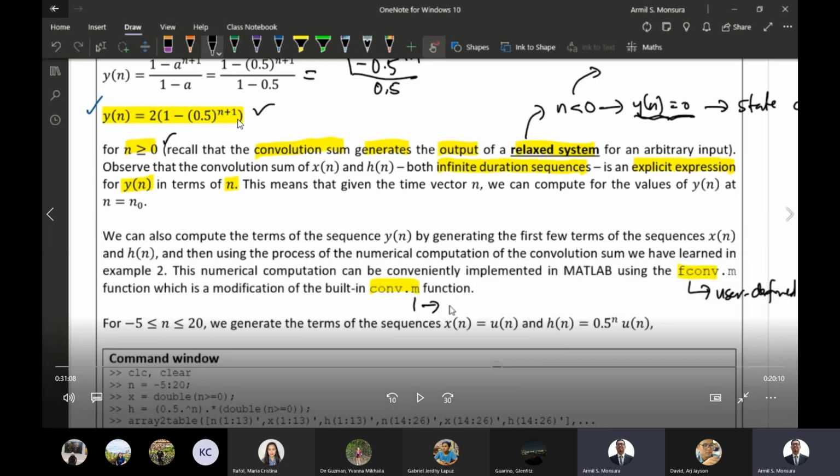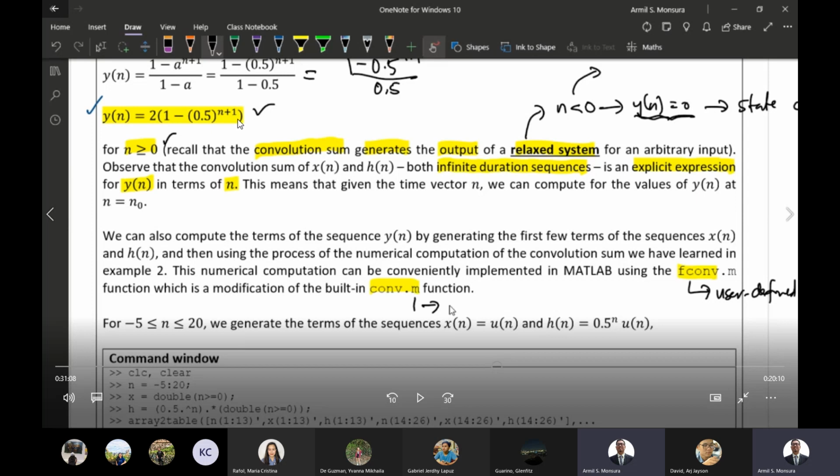Ang gagawin ko is since given ako ng dalawang signal na x of n at saka h of n, magge-generate ako ng sample values para sa x of n at saka sample values para sa h of n for a certain time interval. Ang gagamitin ko dyan is -5 to 20.